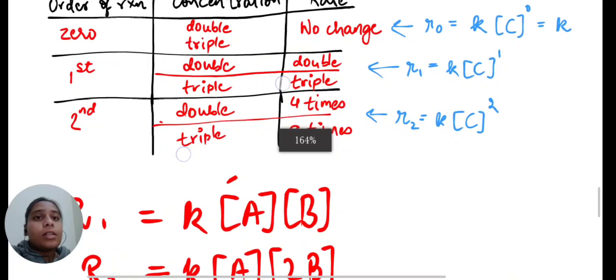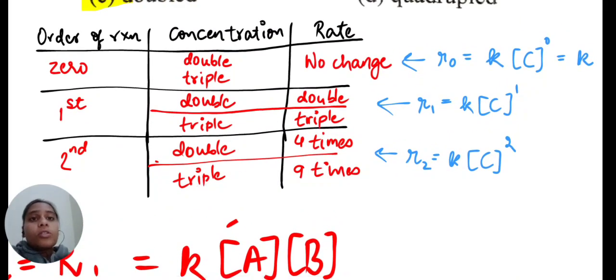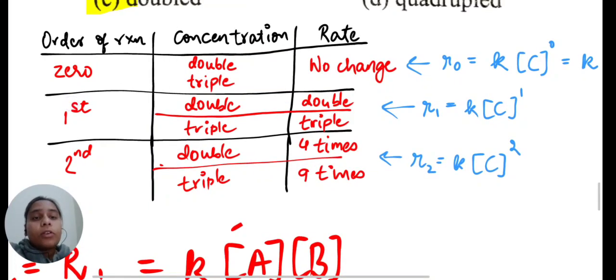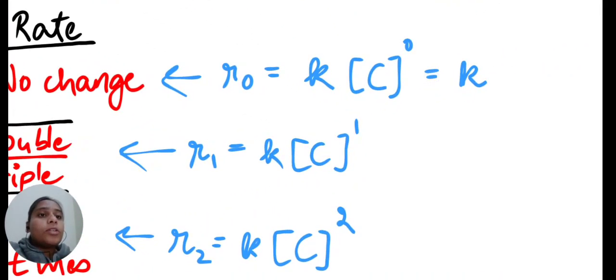For solving this question you need to know some points. I have made a table for easy explanation here: order of reaction, concentration and rate. If you can see, in case of zero order reaction, the rate law equation says rate is equal to K, concentration C raised to power 0, because the order of reaction is 0.